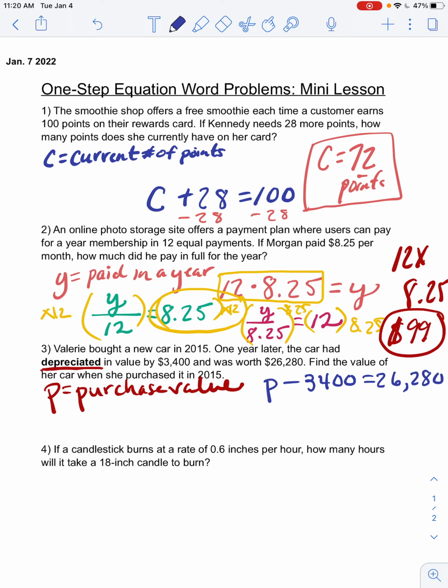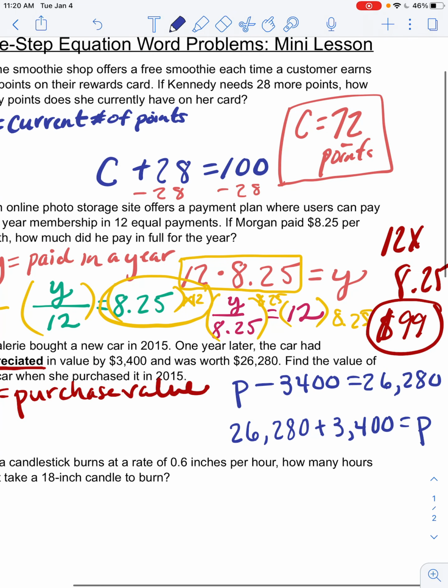The other way to do that one that might make sense to you is that if it's now worth $26,280, then if you put the $3,400 back on there, then you would get the amount that it was worth when she purchased it. So there's 2 good ways to model number 3.